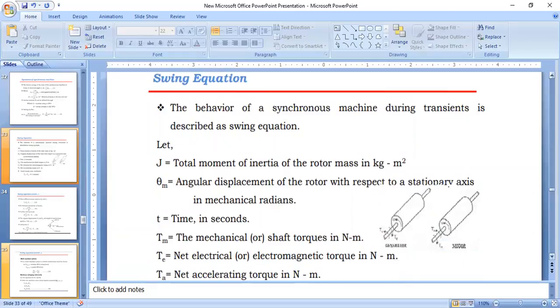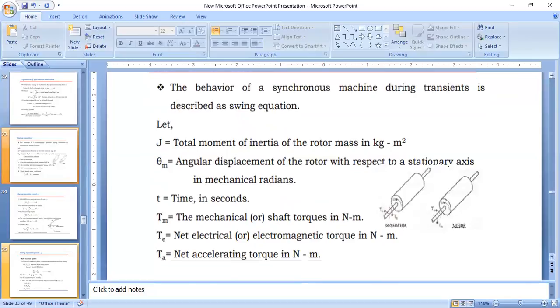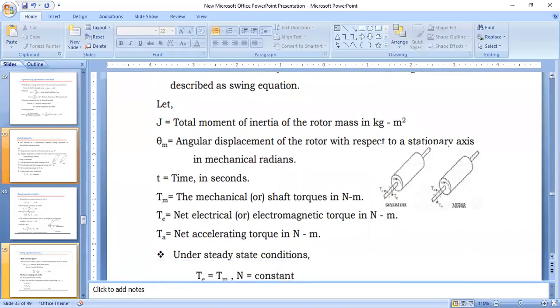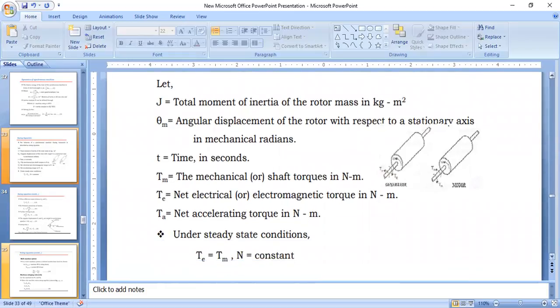Let J be the total moment of inertia of the rotor mass in kg meter square, theta m the angular displacement of the rotor with respect to a stationary axis in mechanical radians, t the time in seconds, Tm the mechanical or shaft torque in Newton meters, Te the net electrical or electromagnetic torque in Newton meters, and Ta the net accelerating torque in Newton meters.